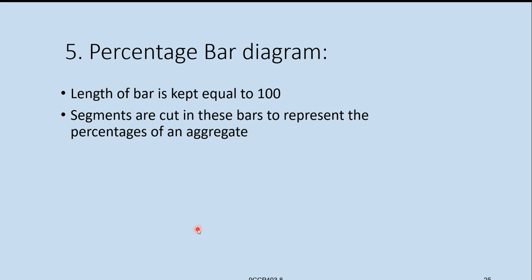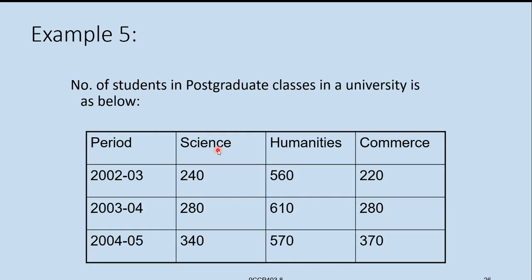Segments are cut in these bars to represent the percentages of an aggregate. Of course, segments are cut. The bar is cut, divided. Cut means divided. Here, science, humanities, commerce. Here, what we say is, for example, for the period from 2002 to 2003, the total number of candidates is the total of these three.